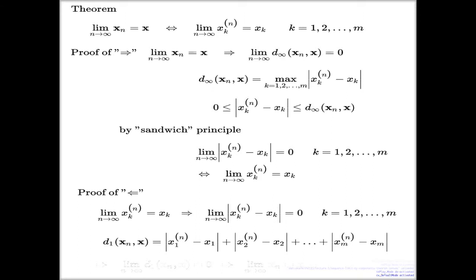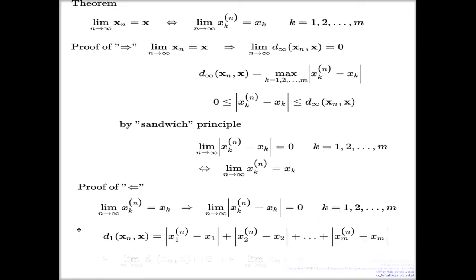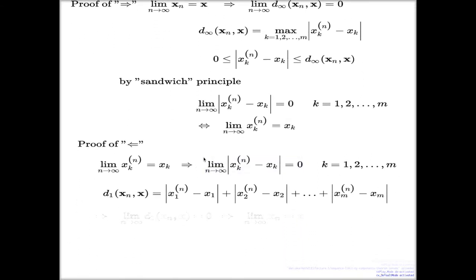It's the D1 metric. Now what can I say about the D1 metric? Because I have this, and that is true for every k from 1 to m. Each of these absolute values, as a sequence with respect to n, is a vanishing sequence of positive numbers.